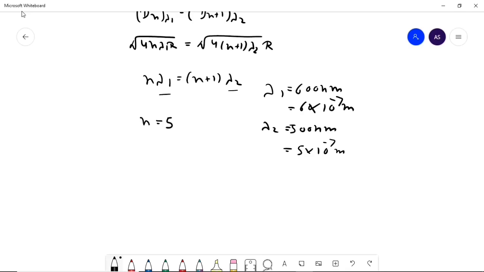Now the question asks for the diameter of the nth dark ring for lambda 1.